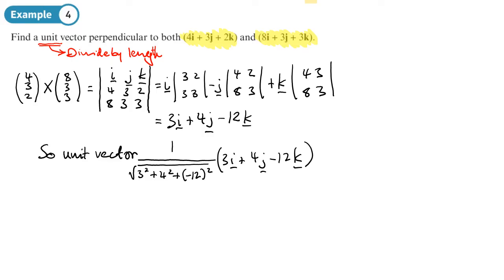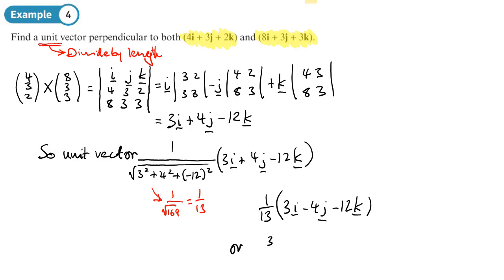So all of this here is basically 1 over root 169, so 1 over 13. So we can just stick 1 over 13 in front. So we can write it as 1/13 (3i + 4j - 12k). Or if you want, you could write it as 3 over 13 i plus 4 over 13 j minus 12 over 13 k.